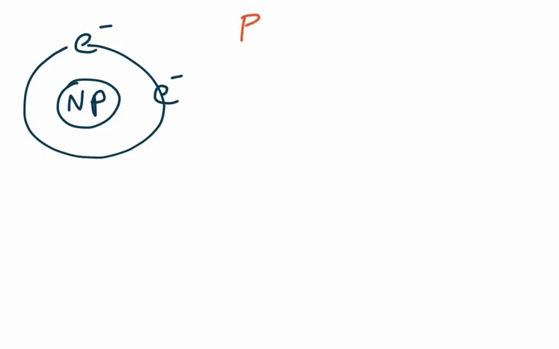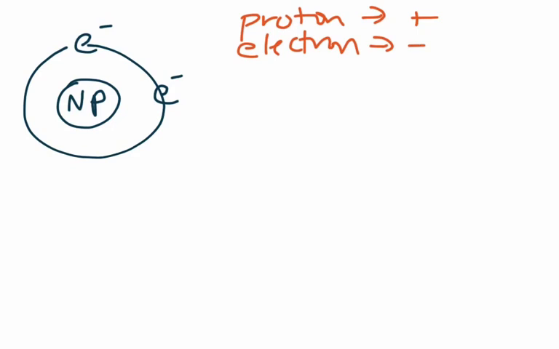So a proton has positive charge and an electron has negative charge. If you haven't had physical science or chemistry yet, this is just a preview of amazing things to come.